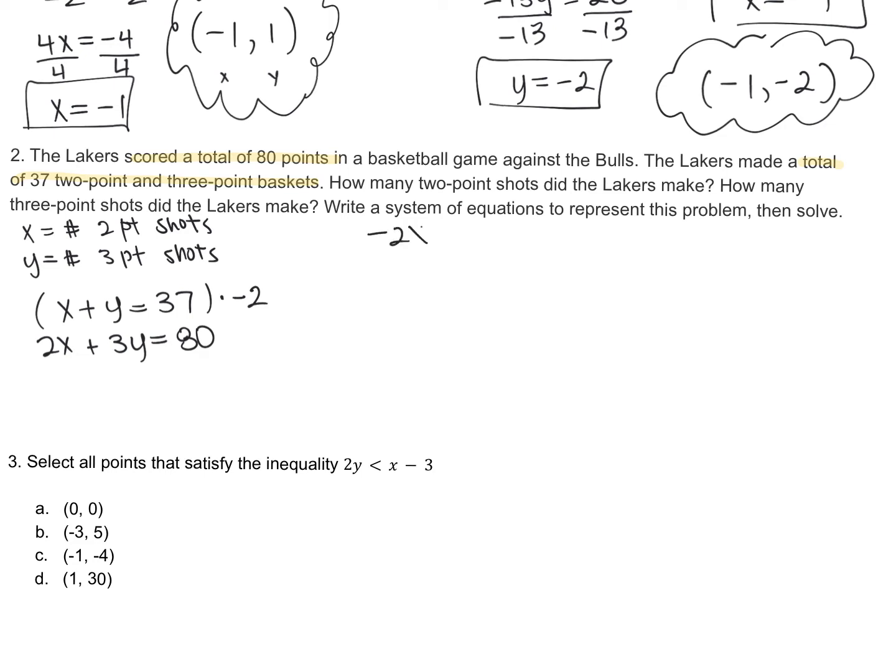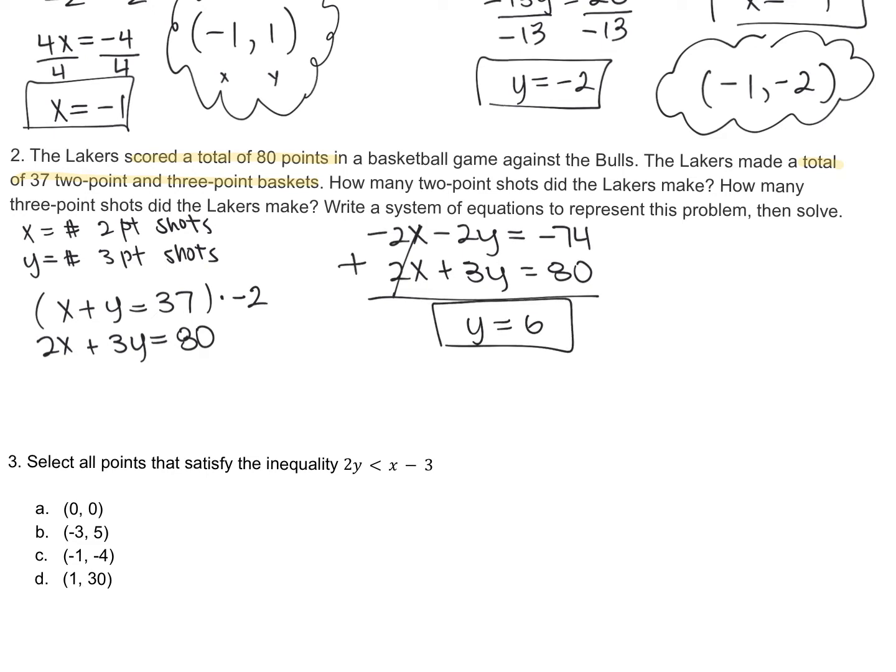So we'll get -2x minus 2y equals -74. And then our second equation, 2x plus 3y equals 80. Add our equations together, and we get y equals 6. So that tells me they made 6 3-point shots.